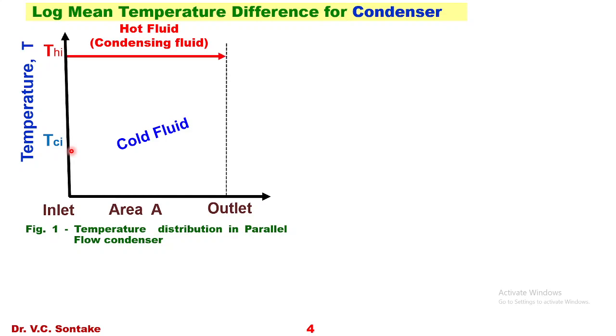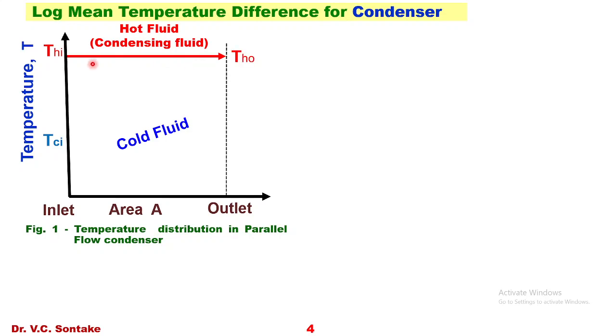When hot and cold fluids are flowing in a heat exchanger, due to heat exchange, hot fluid undergoes condensation at constant temperature, so its temperature will remain constant from Thi to Tho.